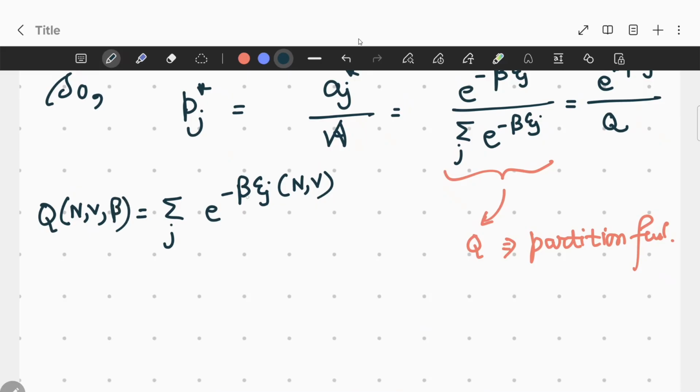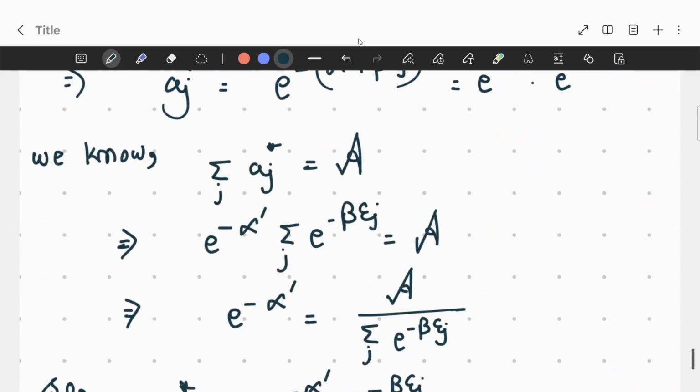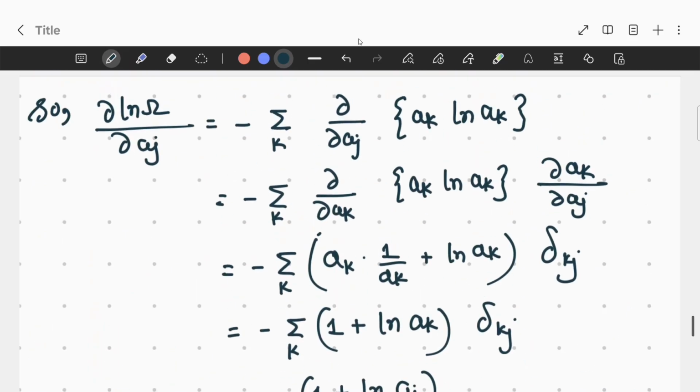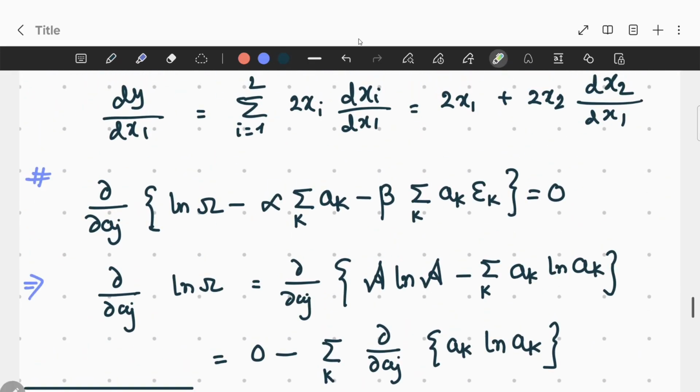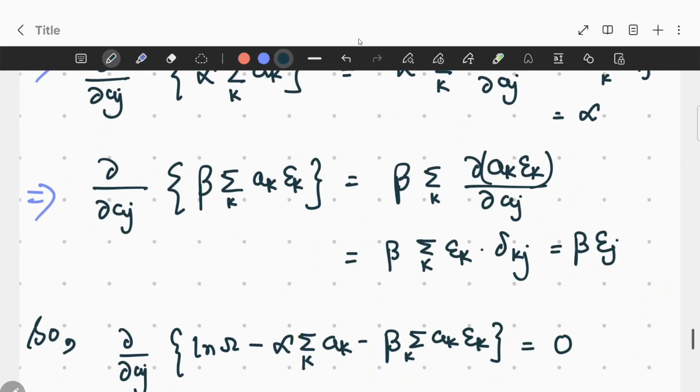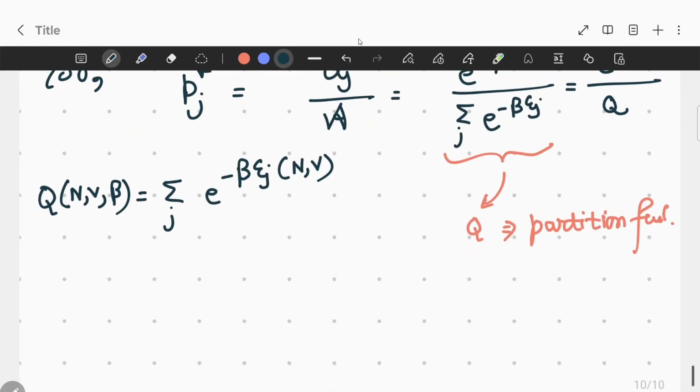Beta is not the temperature. Until now you don't know what beta is. Beta is just a constant, the Lagrangian undetermined multiplier. This is not any temperature. Until now, this is just beta.